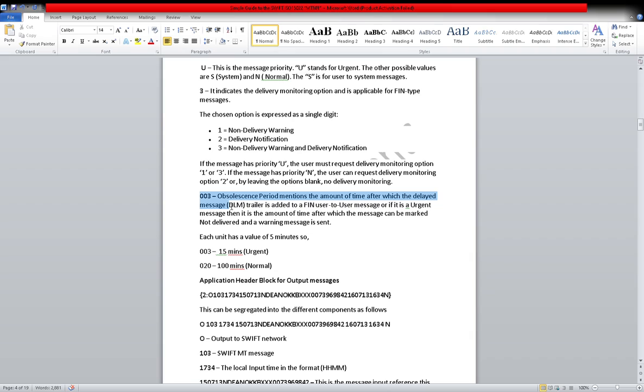But it's mentioned, what is obsolescence period? That I also don't know. Useless, oldness, undesirability. Okay, unwanted period, waiting period.